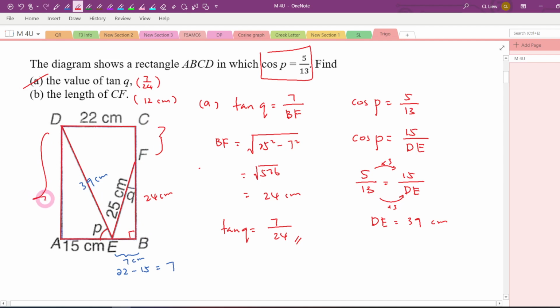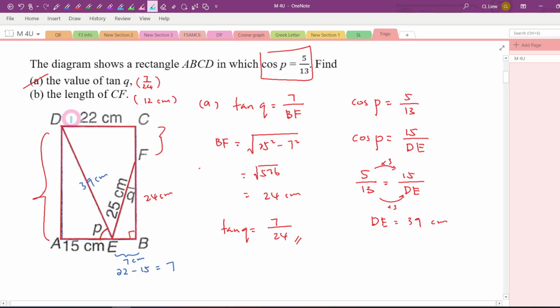So if I can get the length here, which means the length here will be equal to the length here. So once we have the length here, I take this length minus 24, then we will be able to get CF, right? So how do we get DA? Now just now I got DE is equal to 39.